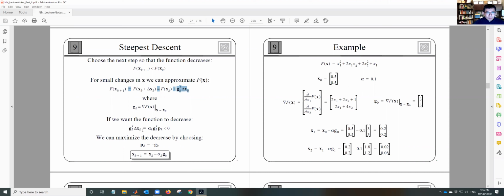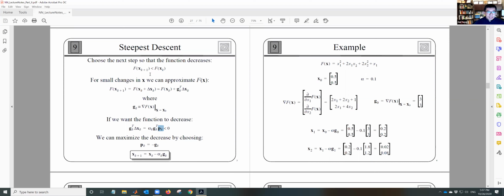But here we know that alpha k is fixed, it's a value, a magnitude. Gk at a particular location, we can calculate, and pk is our search direction. In order to make sure this one is less than 0, we can maximize the decrease by choosing pk, the search direction, to be negative gk. So this is the reason why we go along the negative gradient direction.